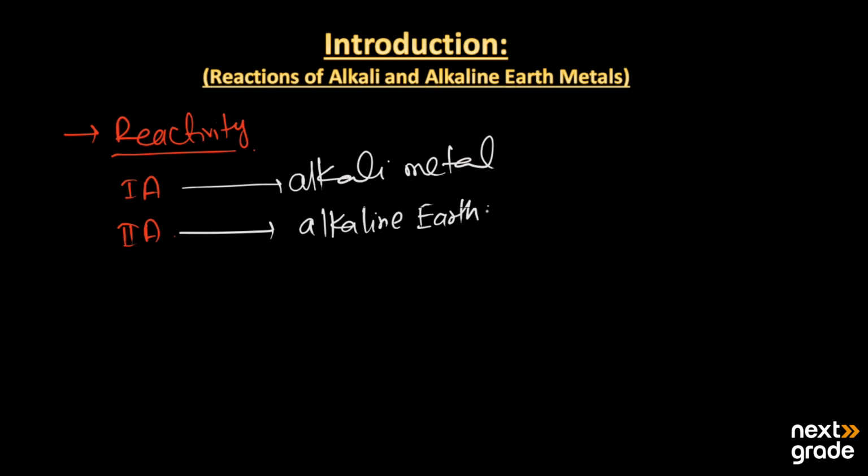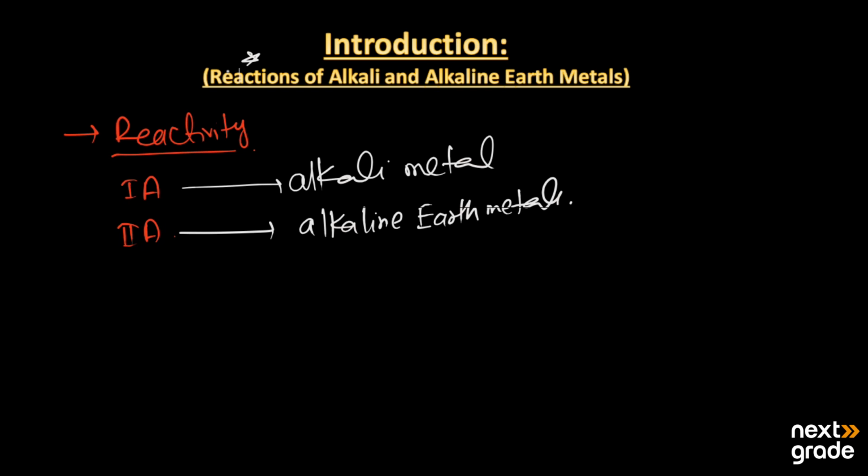earth metals. So when we talk about their reactivity, what type of reactions do they favor, whether they have oxidizing power, reducing power, or simple reactions with water and hydrogen.